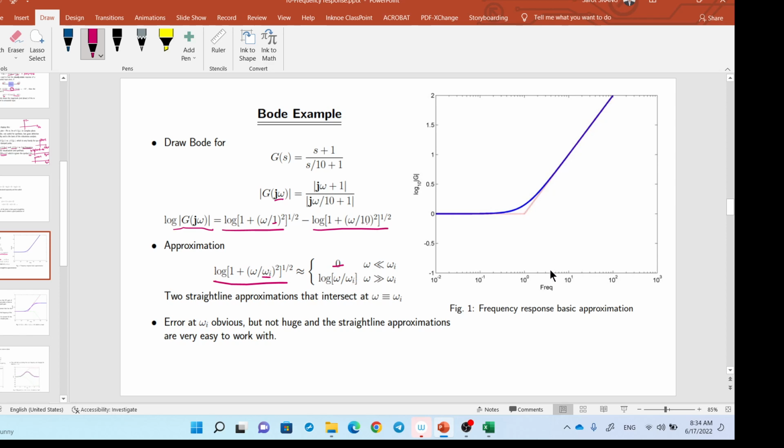So if you plot the log scale on the omega, it looks like this term is linearly proportional to this term, right? In the log scale.